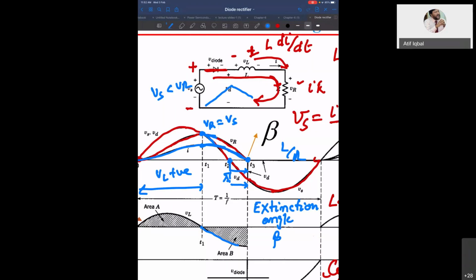So it does not allow fast rise or fast fall of current. If it is a resistance, there will be a sudden on and off of the current, sharp on and off. But if it is an inductor, it takes some time for current to build and then to fall. So current is increasing slowly.